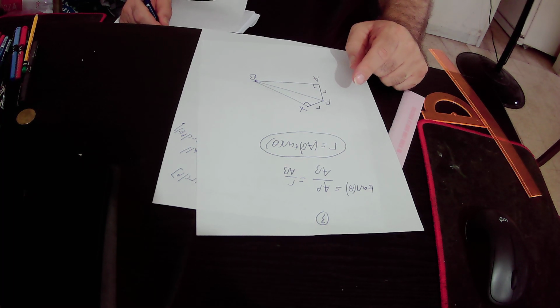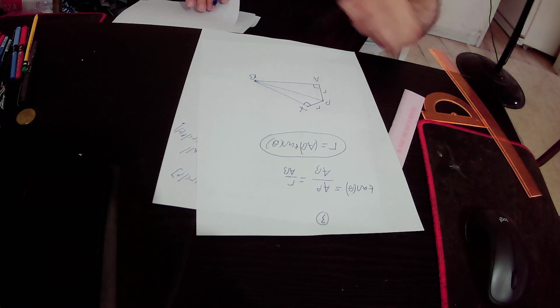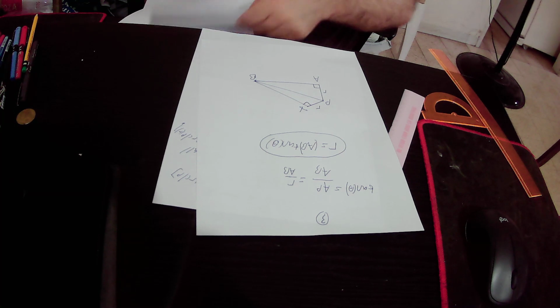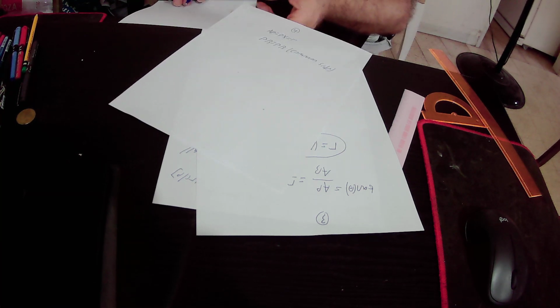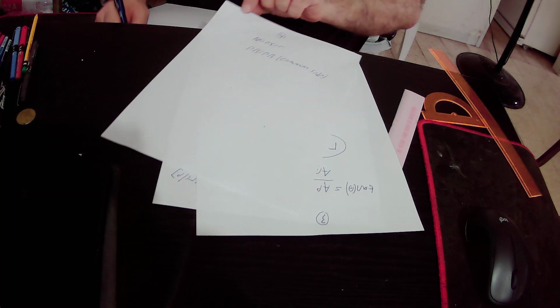So PB equals PB. It's a common side. It belongs to both triangles.